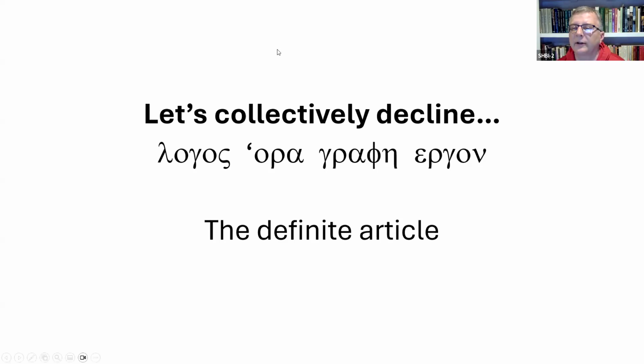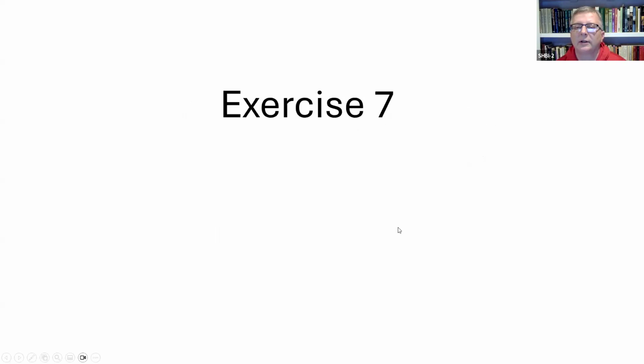And the definite article, we want to do that. Ho, tou, tō, ton, hoi, tōn, tois, tous. Yes? Hē, right? Tēs, tē, tēn, hai, tōn, tais, tas.